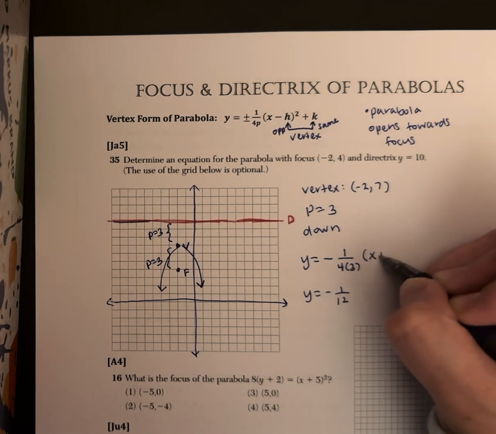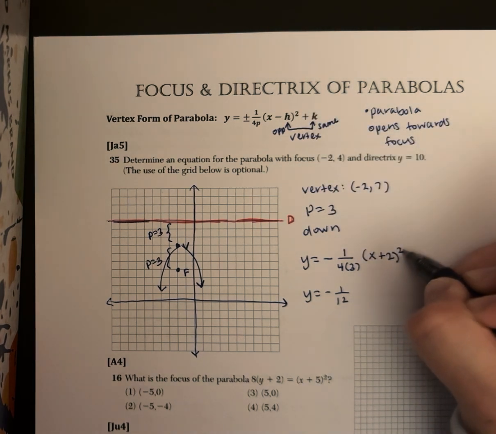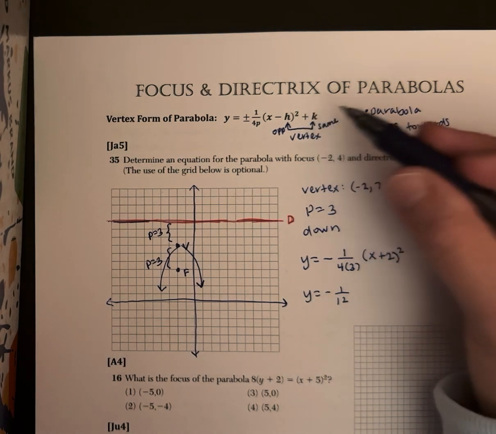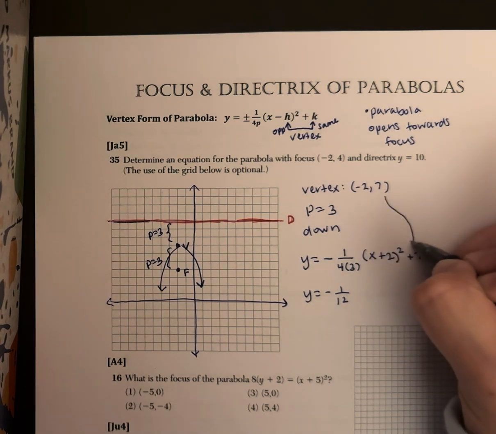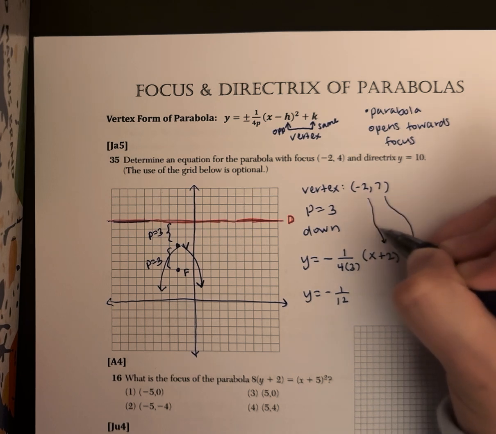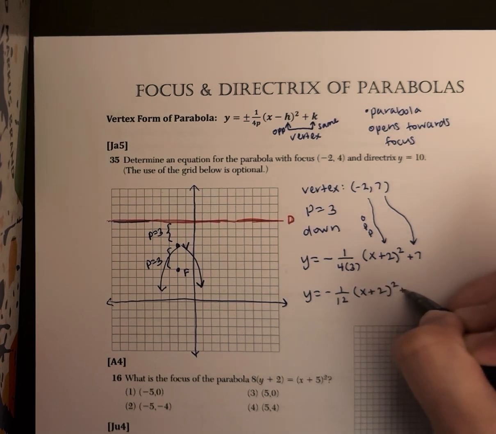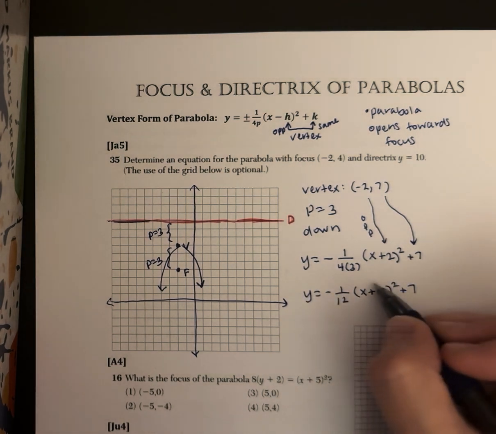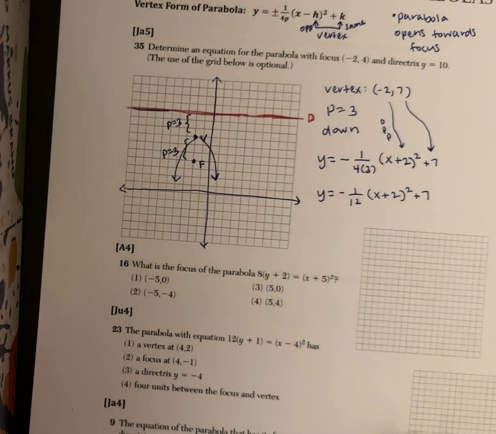Minus negative is going to make a plus, so I'm going to do +2 squared, and then plus k, so that's +7. So these numbers are going here and here, but this one is the opposite. This is the better version because it's simplified, but honestly, it doesn't say that you need to simplify it.